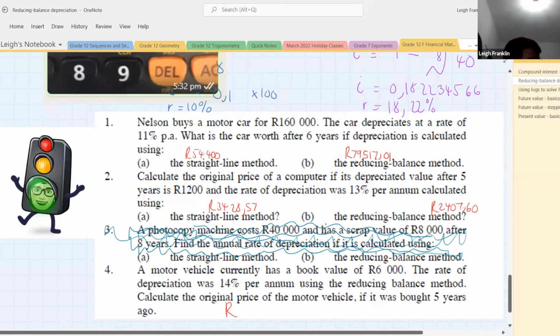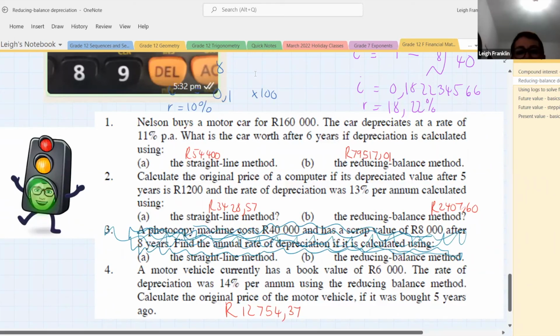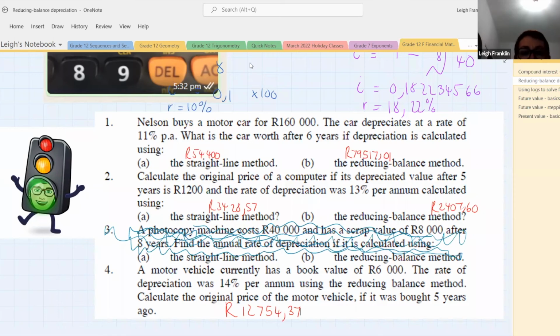The last one here was. Okay, so pretty much everybody should be finished by now.